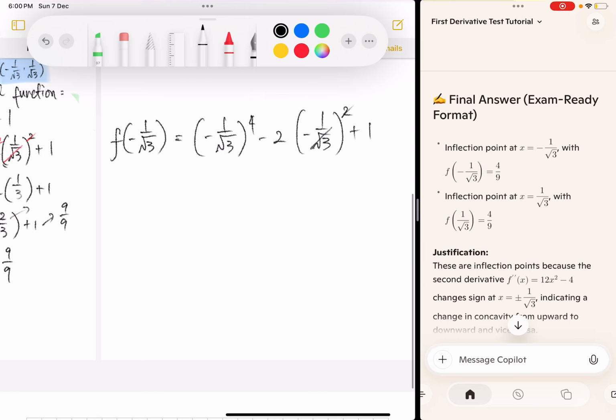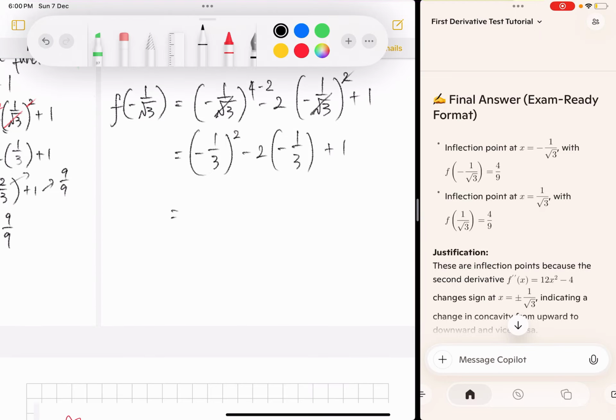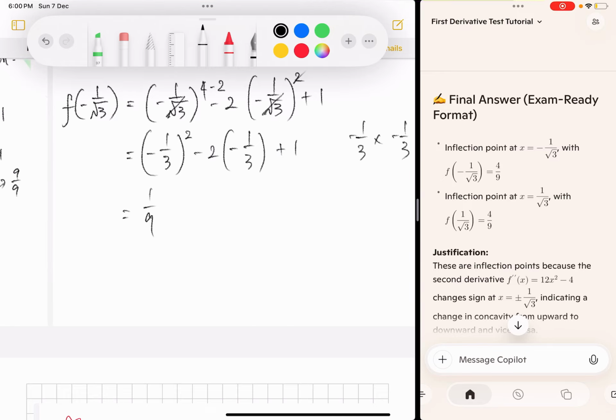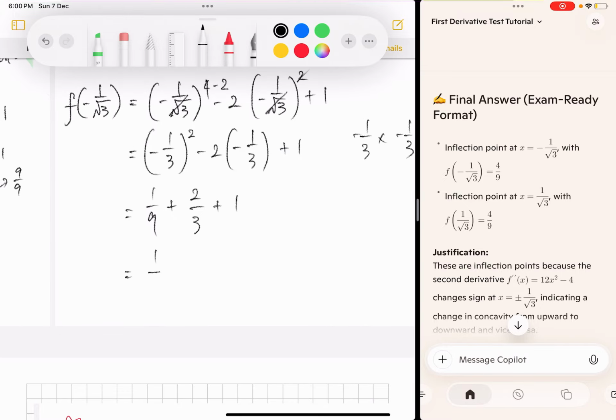Cancel this out, minus 2 because we just need the square. That'll become 1 over 3 squared minus 2 times 1 over 3 plus 1, because negative 1 over 3 times negative 1 over 3 is positive. So that becomes 1 over 9 minus 6 over 9 plus 9 over 9.